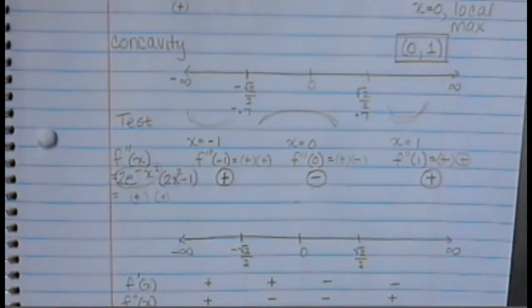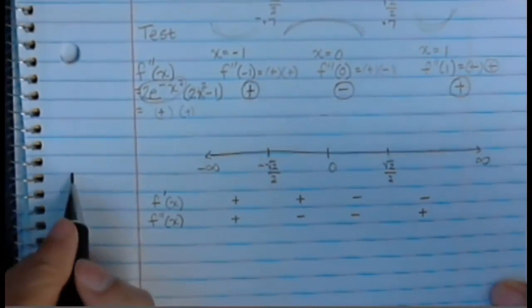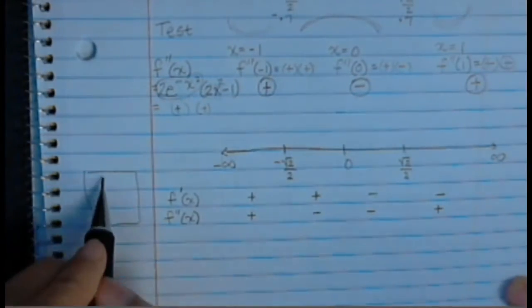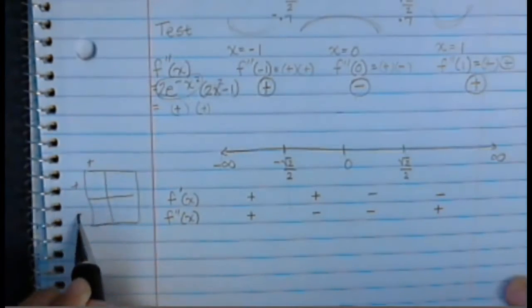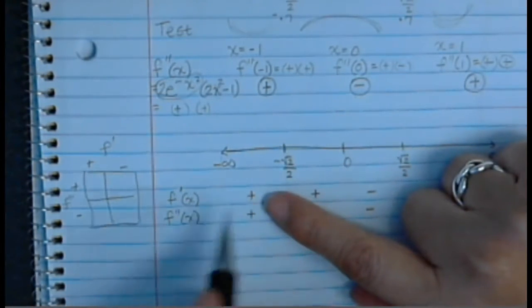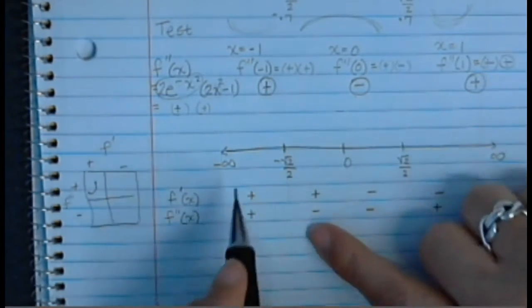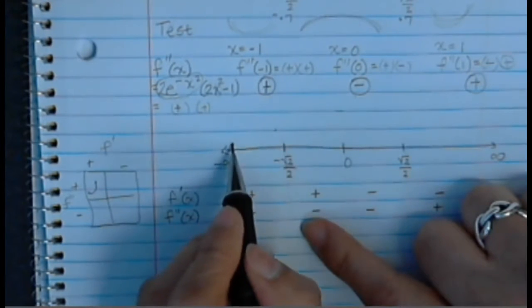So when we go back to our picture, the one that we drew that had positive and negative, just to remind you, we said that we had positive, positive, negative, negative. This is f prime and this is f double prime. What we have is when they're both positive, so increasing and concave up. So what we know from here to here is that it's increasing and concave up.